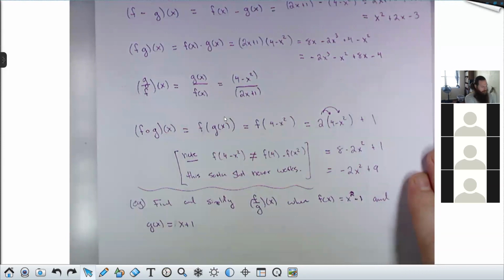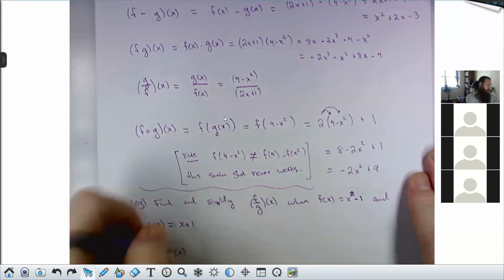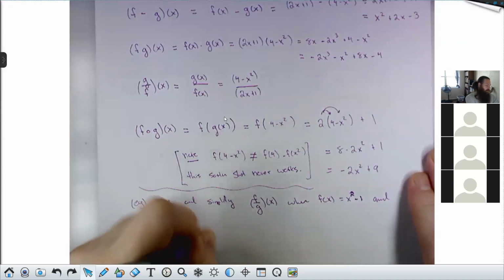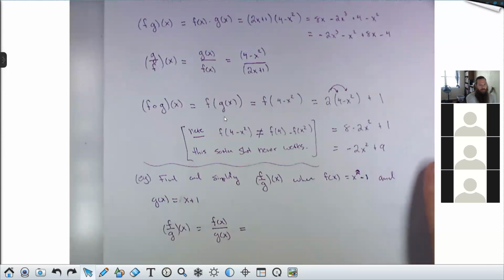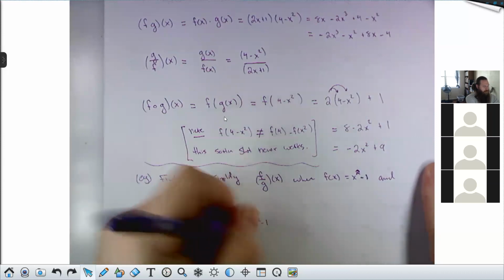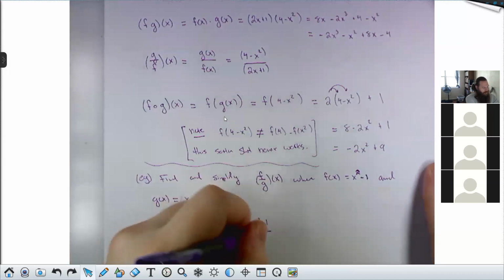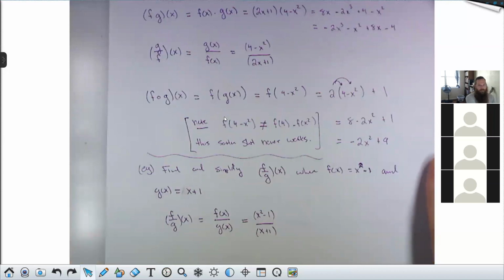All right. So here, f over g of x should be f of x over g of x. That's how we always get started. Just write down the definition. Now f of x is x squared minus 1, and g of x is x plus 1. And remember, we can think of these as being in parentheses like this.